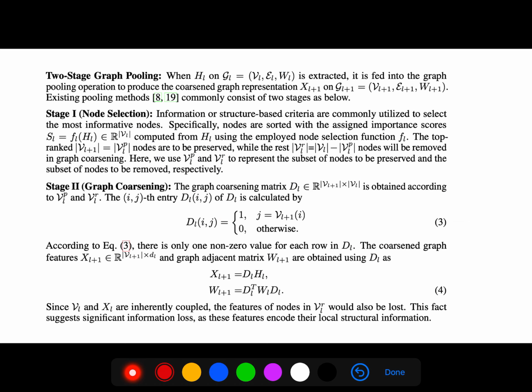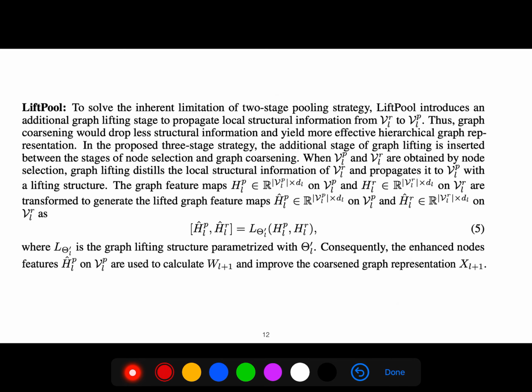So for node selection, structure-based criteria are commonly utilized to select the most informative nodes. Graph coarsening is obtained using this, where there is only one non-zero value for each row, and the coarsened graph features are updated like this. And then the idea is LiftPool.